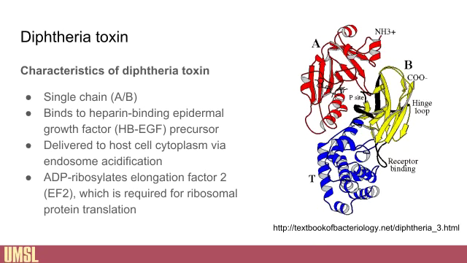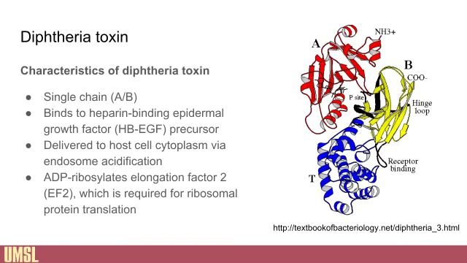So it's delivered to the host cell cytoplasm via endosome acidification. So if we go back to our chart of these two roads to Rome, this is through endosome acidification, and the chemistry that it performs is it ADP ribosylates elongation factor 2.